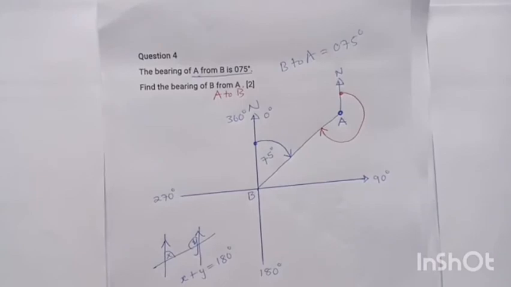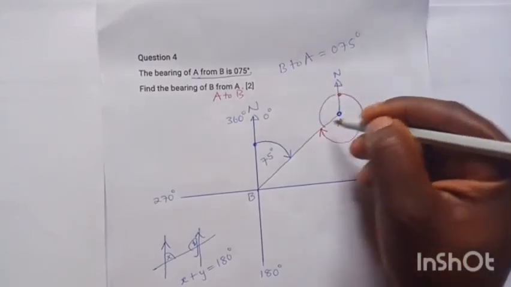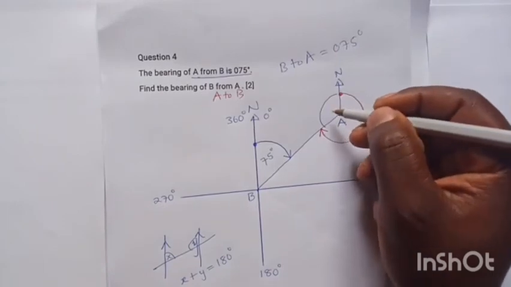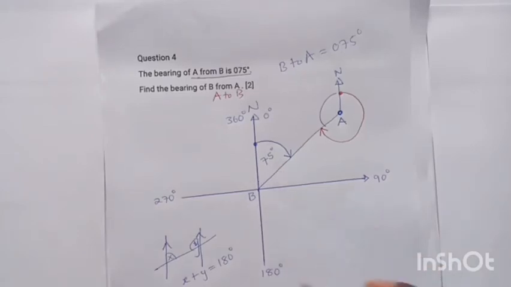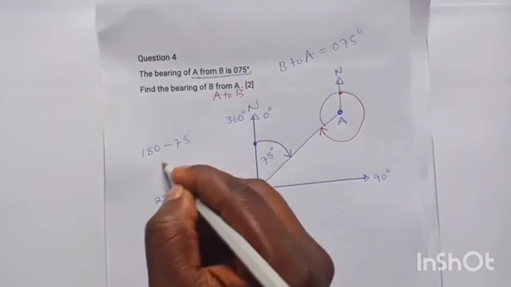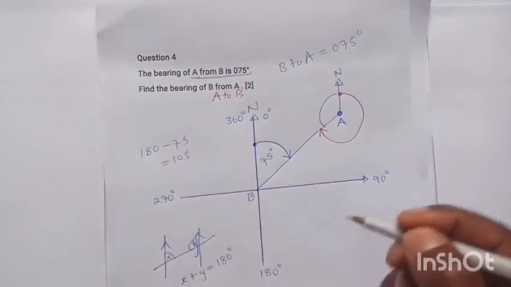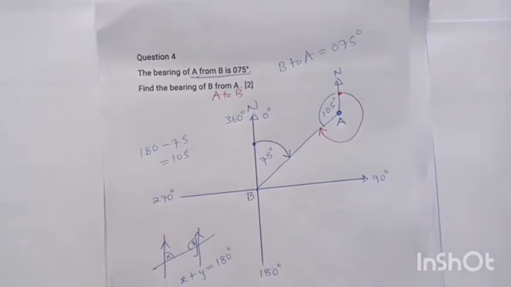So this interior angle at point A is an allied angle with the 75 degrees. They add up to 180. So 180 minus 75, I get 105. So I'm going to write 105 degrees as the interior angle at point A.